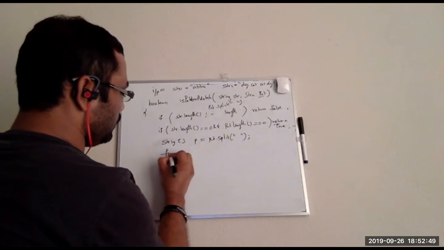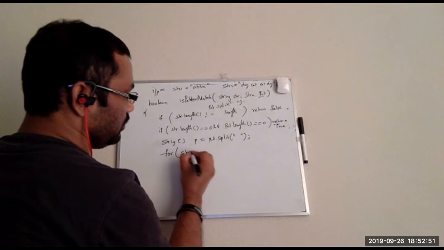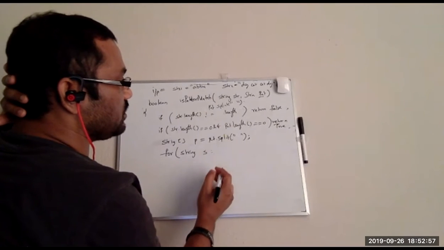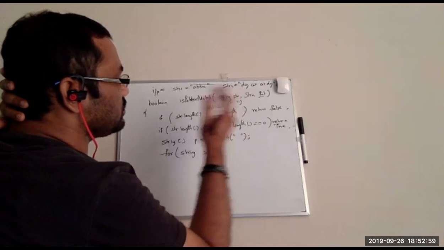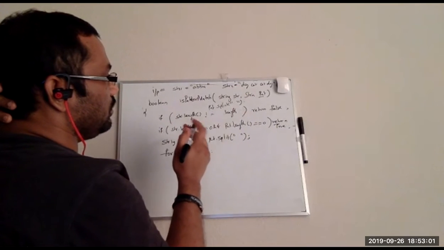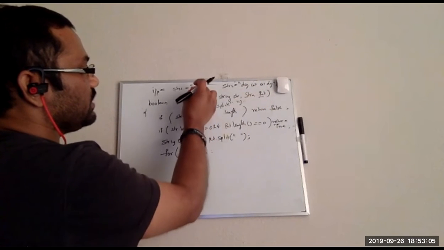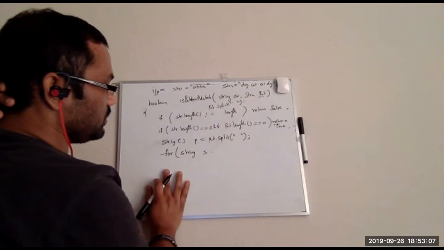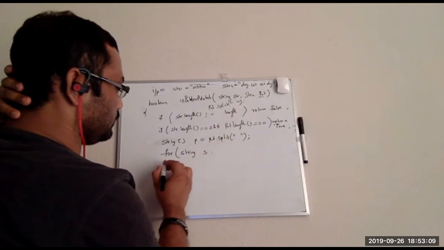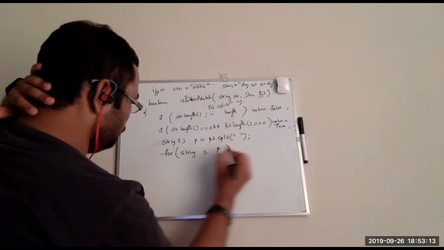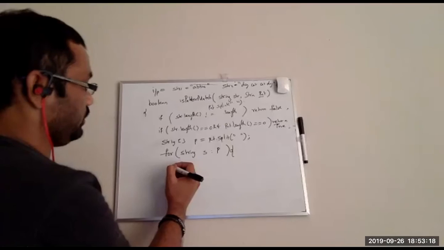So now we will be considering each word in the pattern and comparing it to each character in the string. We'll do this with a for loop, and we just use s dot pattern and p.